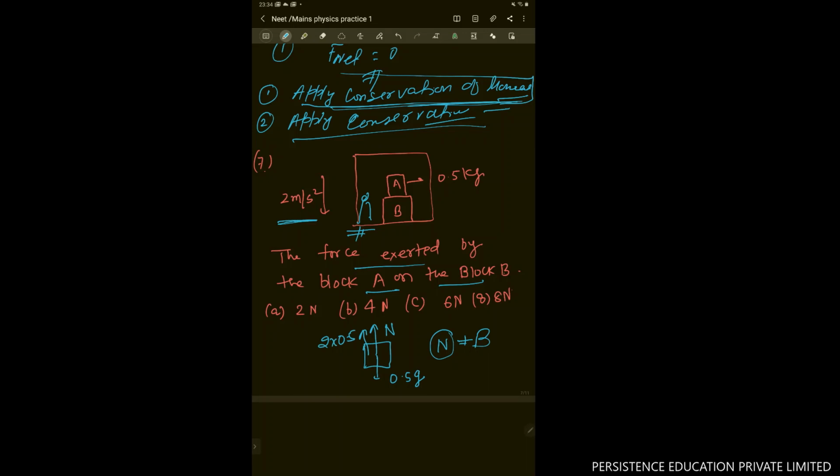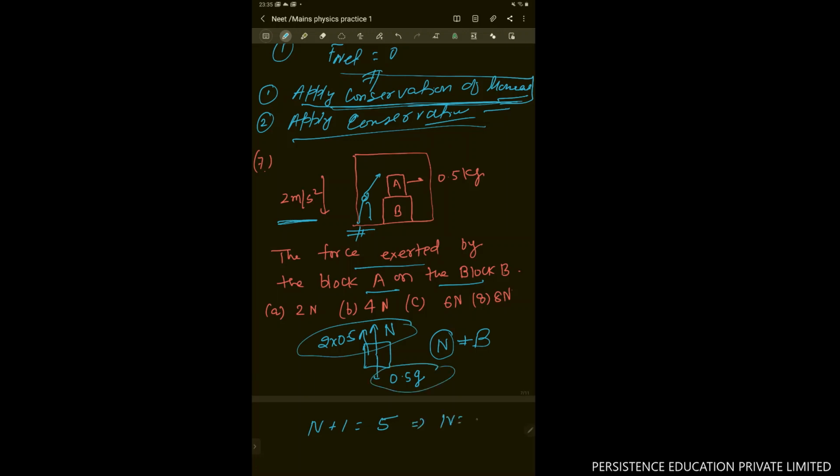In this frame, the block A is not accelerating. In this reference frame, somebody watching this will not find the block A getting accelerated. So force is balanced. N plus 1 is equal to 5. The upward force is equal to the downward force.